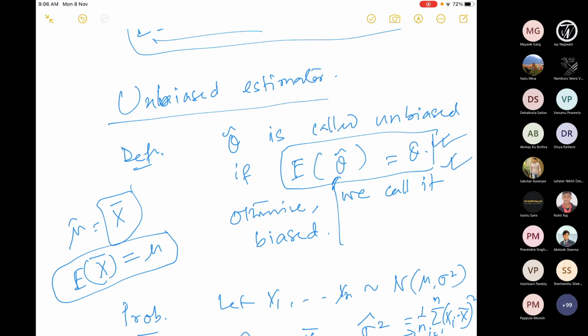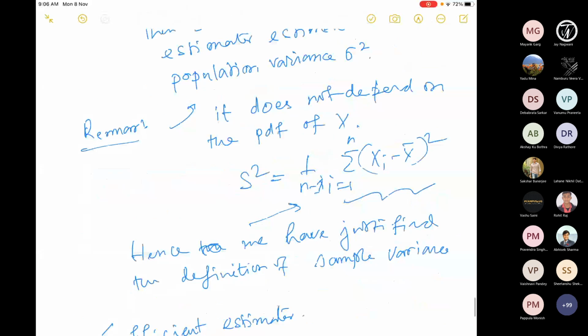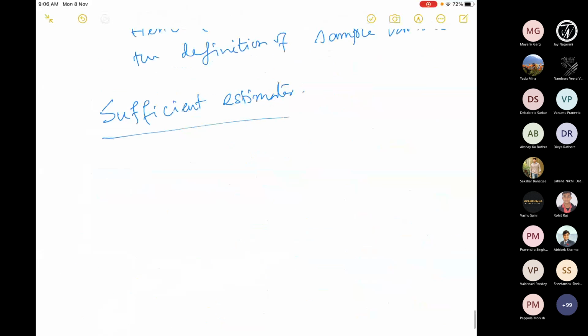This is a criterion, but there is a problem with it. So we need to define some other criterion to judge the quality of the estimator, and sufficiency is another criterion to judge the quality of an estimator.